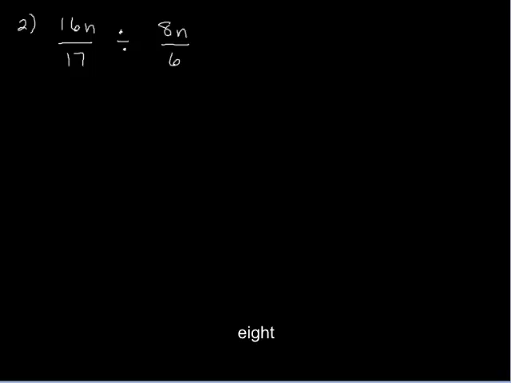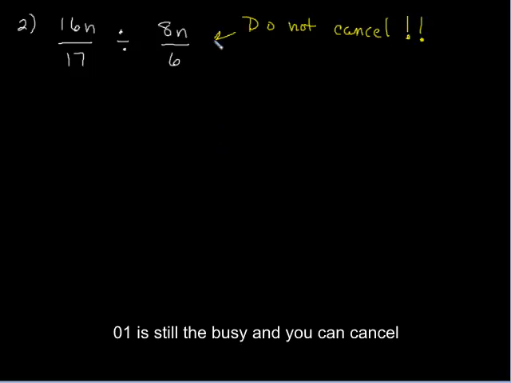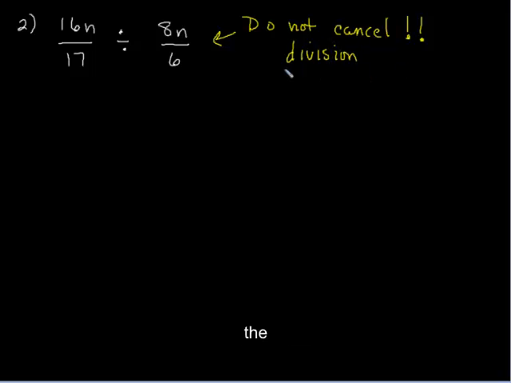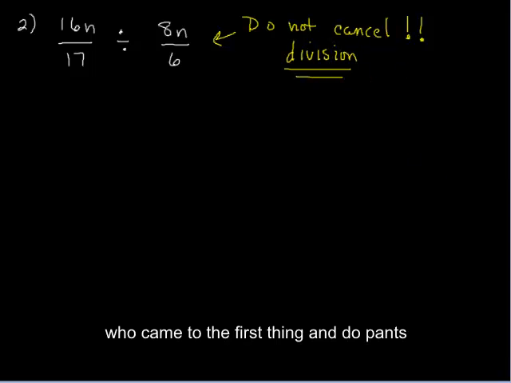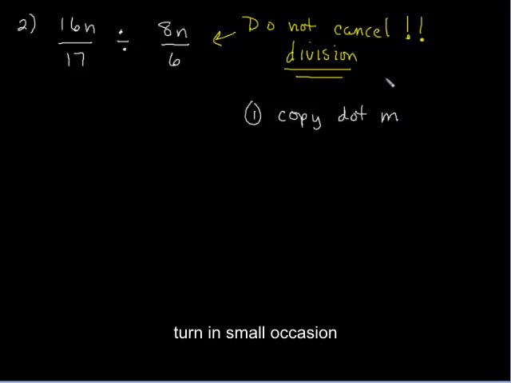When it is still division, you cannot cancel. Okay, so the first thing you want to do is turn it into multiplication.